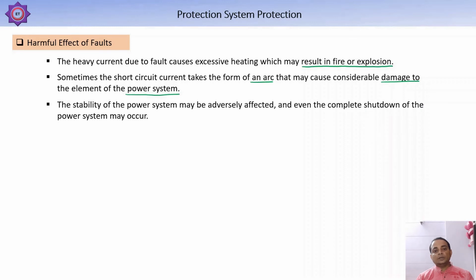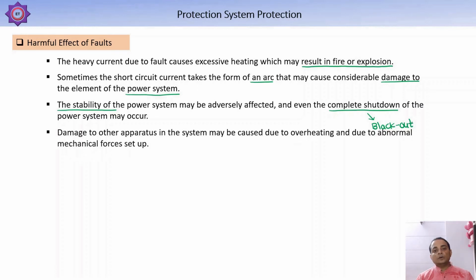It also raises stability problems and may cause a complete shutdown, also known as a blackout. Heavy current also causes overheating, may damage the insulating property of equipment, and sets up abnormal mechanical forces in apparatus.